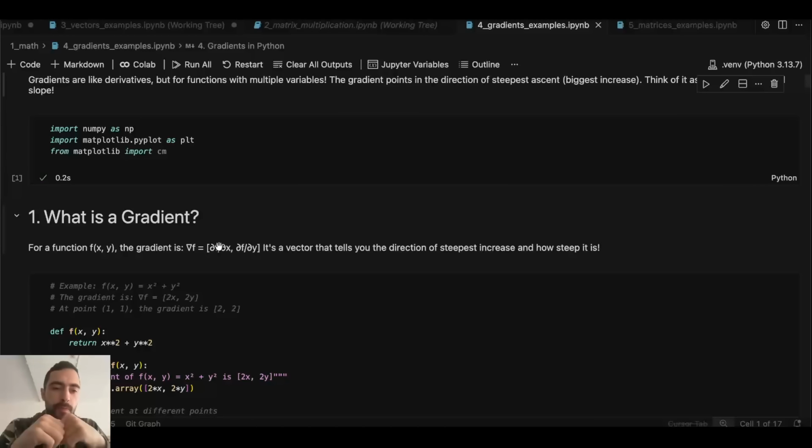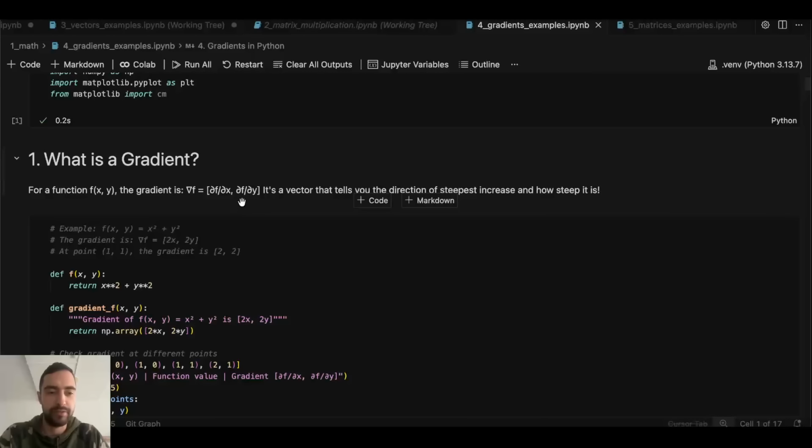If we increase x, what's the change in the function? What's the slope? It can be 1, 2, 3, minus 1, minus 2, or minus 1.5, or whatever the number is. So we have a derivative of the function with respect to x and a derivative of the function with respect to y. And I should say partial derivative. So that's the gradient.